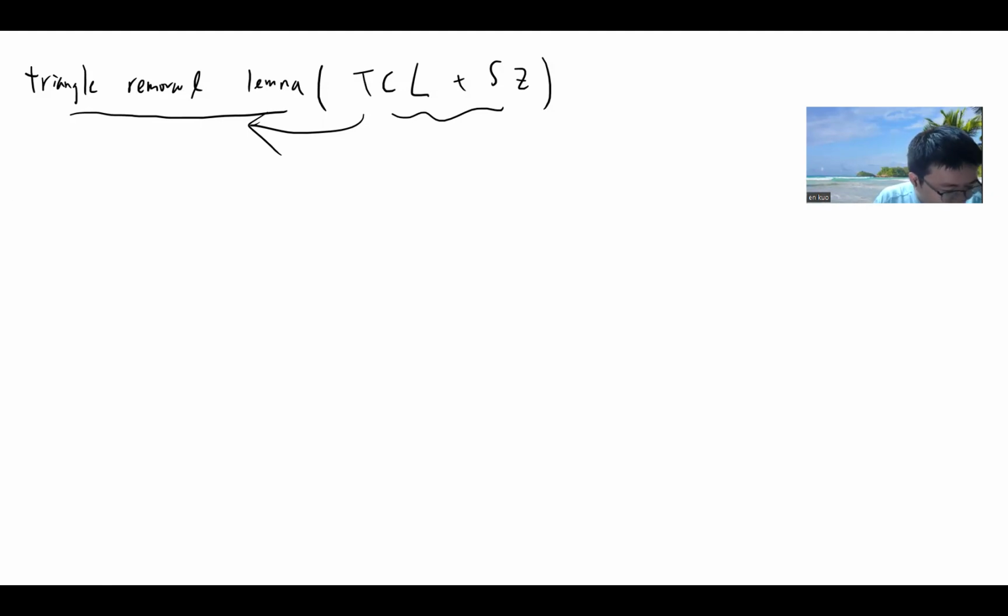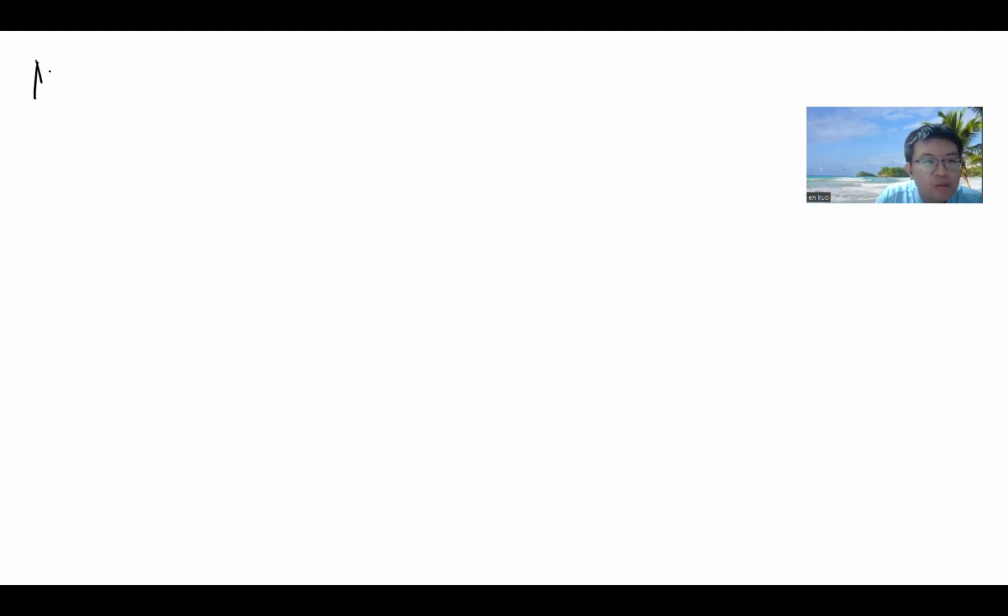Okay, so let me just write down. Maybe let me just give one motivation. Given a graph G, we want to relate two properties.